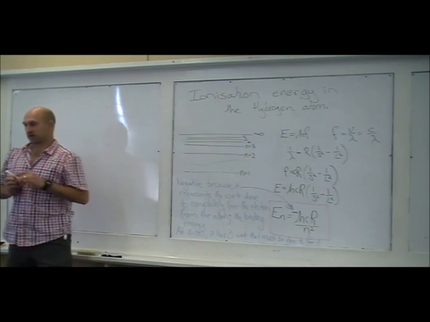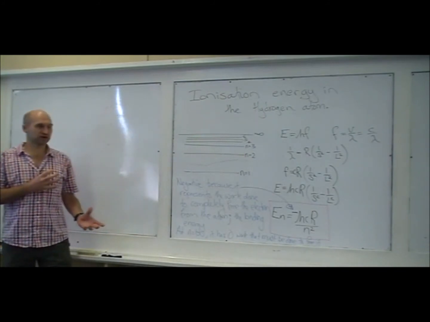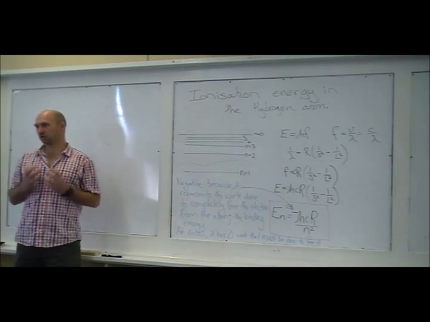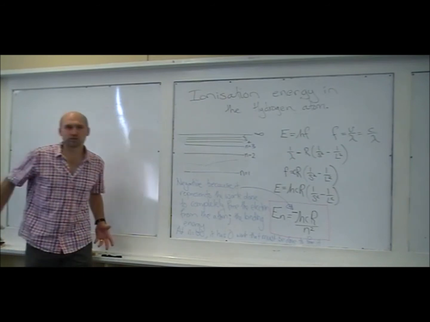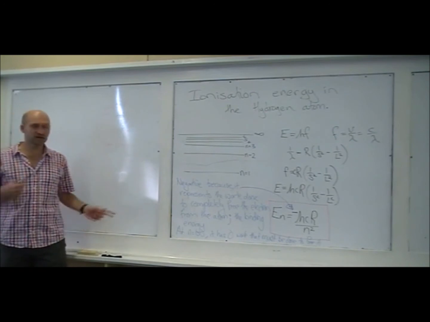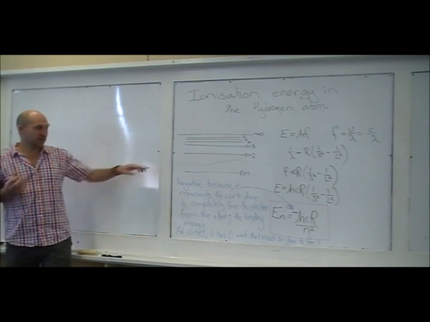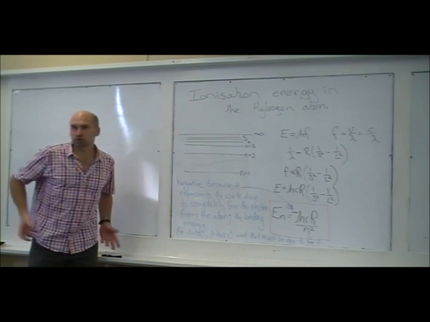This is a really important concept for us in this nuclear physics topic going forward from here, this concept of binding energy, and that binding energy is the amount of work we have to do to separate things. In this case, it's really easy to visualise that as we move the electron up the energy levels, we have to do work on it.